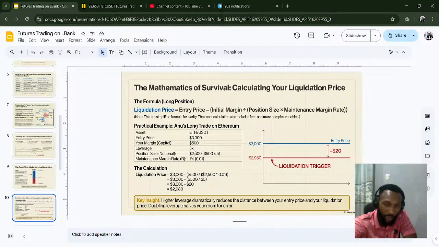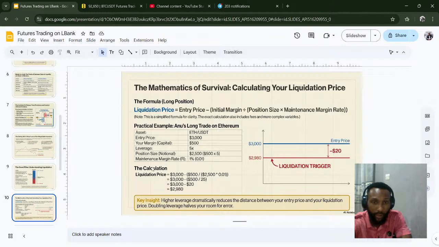That's when you get 5x, 10x, 20x, 30x, 50x, and all that. Just times that, so you can imagine some people getting that high. So it's 5x times 500, so you get 2,500. So that's the position size.